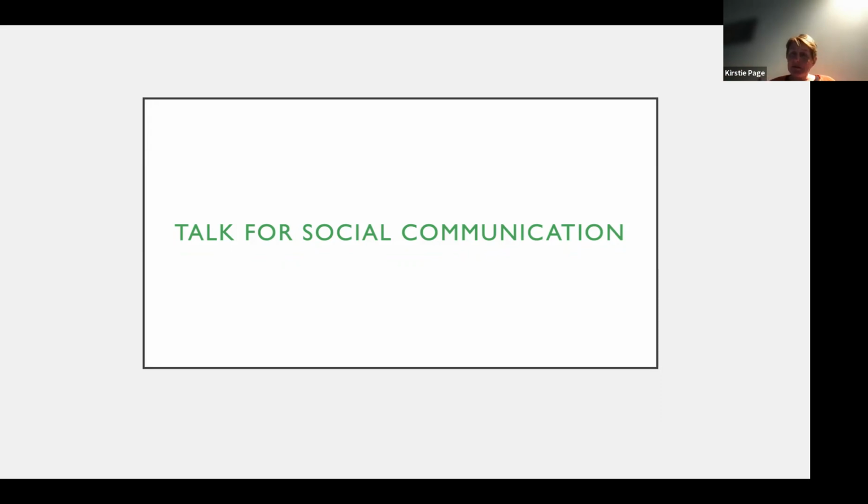And when we're thinking about social communication, it really has to be done in the moment. It really has to be done alongside interactions, alongside daily routines, alongside child initiated. It's very difficult to build these skills on the carpet in adult-led groups, but my goodness me, they're really important skills.